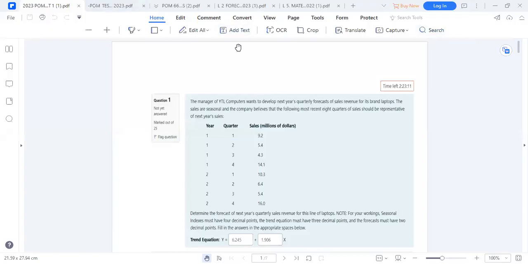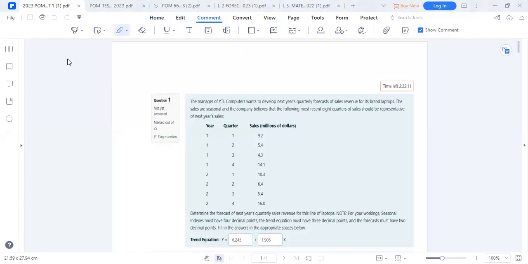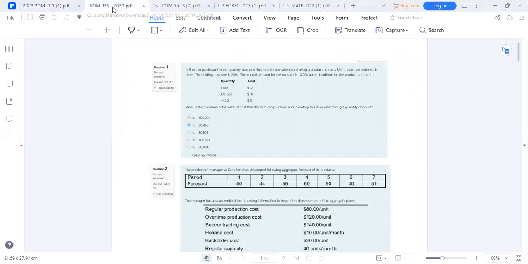Okay, good evening. We are looking at the review of the test, and of course, this test has just a combination of topics altogether.